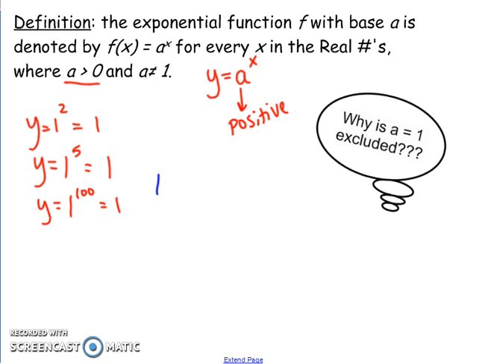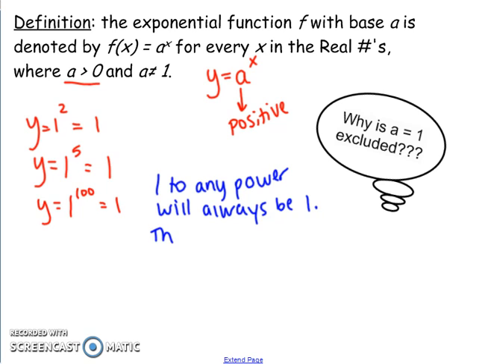So we'll say 1 to any power will always be 1. And then if you were to graph it, every x value has a corresponding y value that's 1, it would end up being a graph that is a horizontal line at y equals 1.